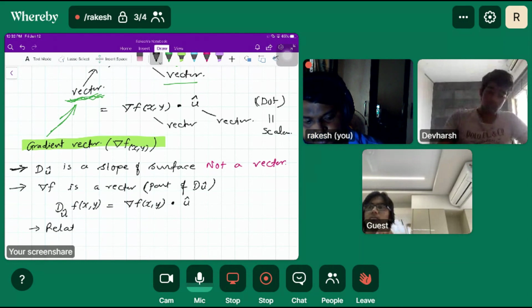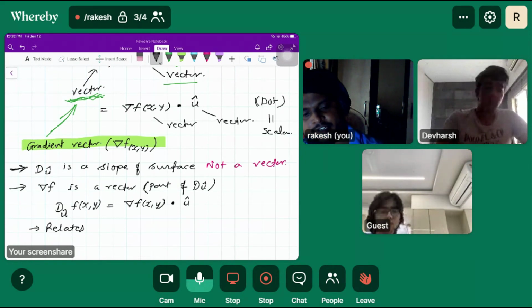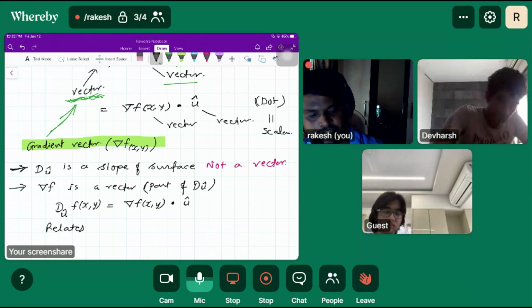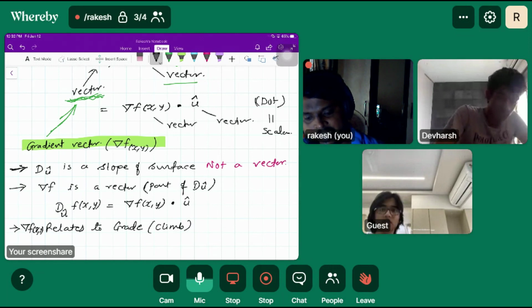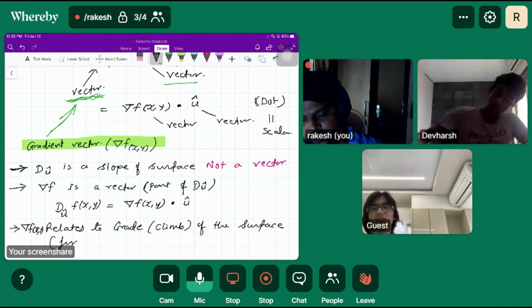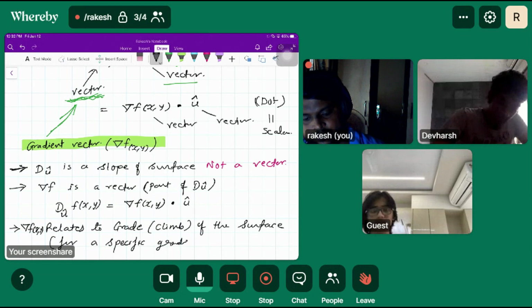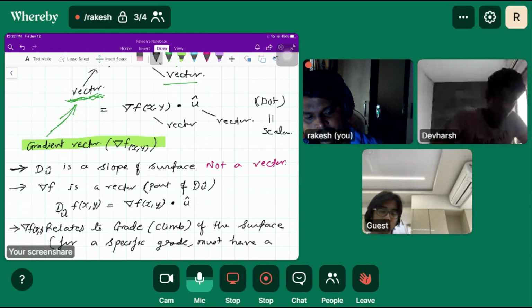The gradient vector, del f of x comma y, relates to the grade, or you can say the climb of the surface, for a specific grade, which must have a point and u cap.